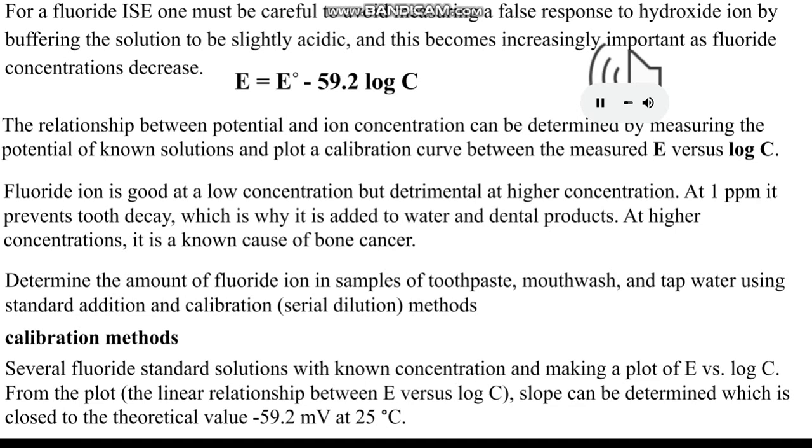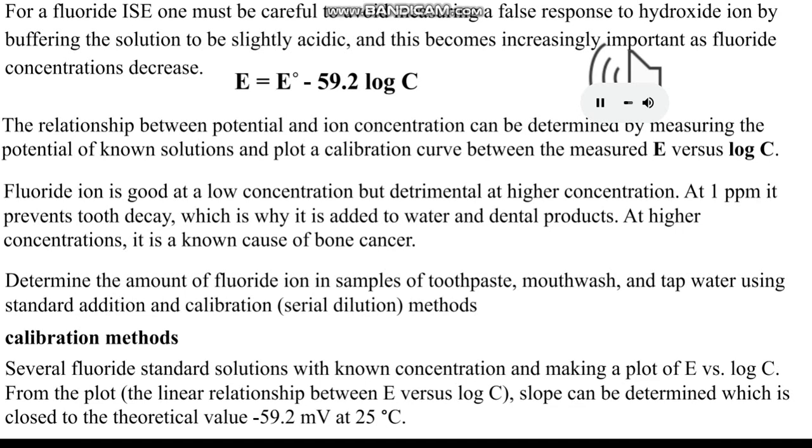We can draw a calibration curve between the concentration of known solutions and the measured potential. The calibration curve can be used to know the concentration of any unknown fluoride solution. Fluoride ion is good at low concentration, but at high concentration it is dangerous.